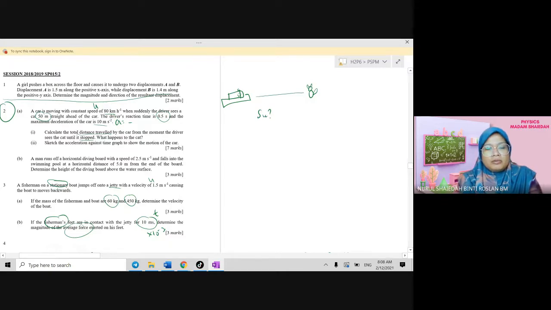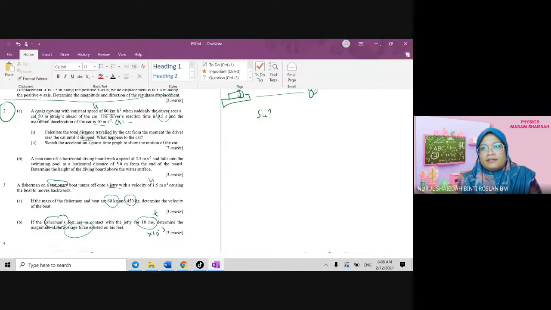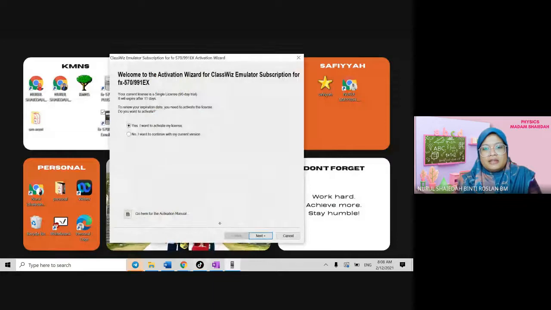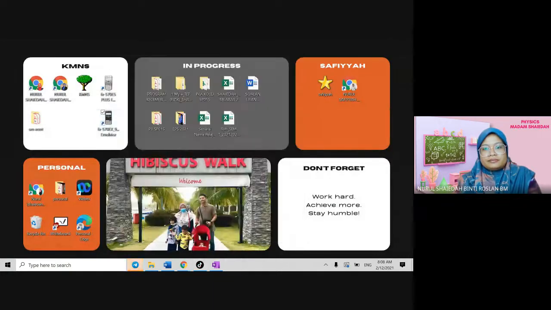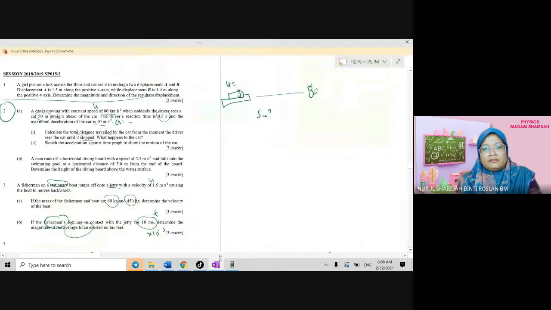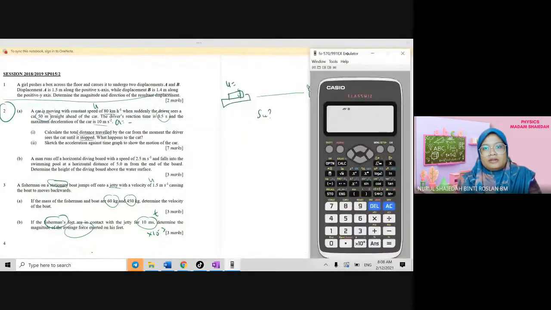Okay, so kita buatlah mula dulu a car driving. U dia adalah 80 km per hour. Okay, so kita tukarlah dulu 80 ni. Tak sukalah 80 ni. Mana kalkulator saya? 80. Ya. Tak tahulah ingat ke tak ingat nak tukar 80 tu macam mana. Okay.